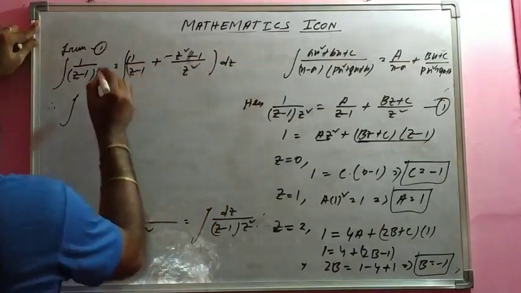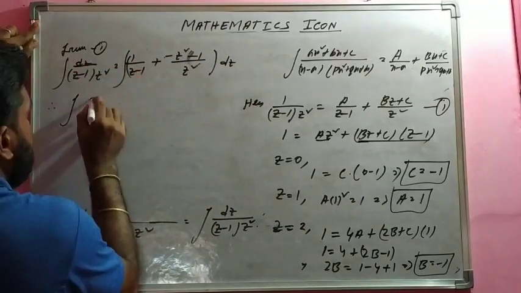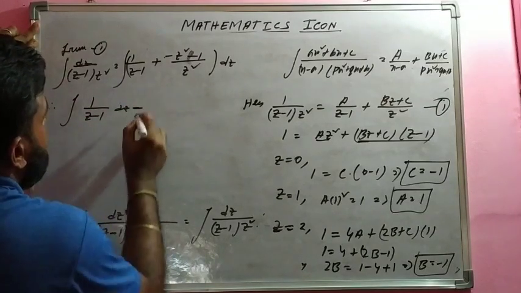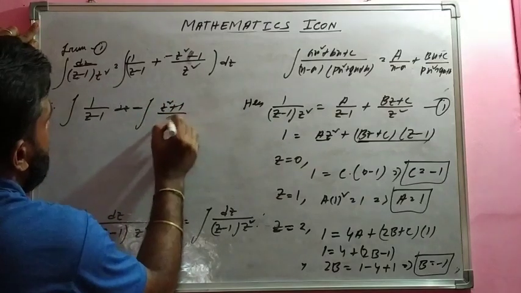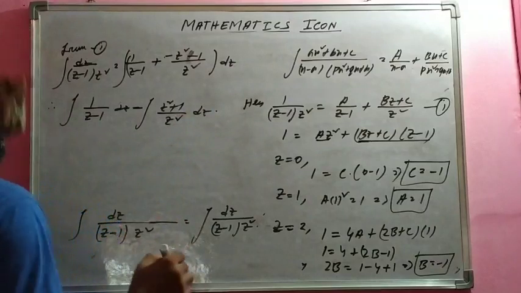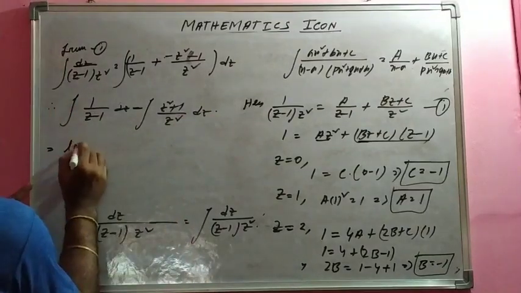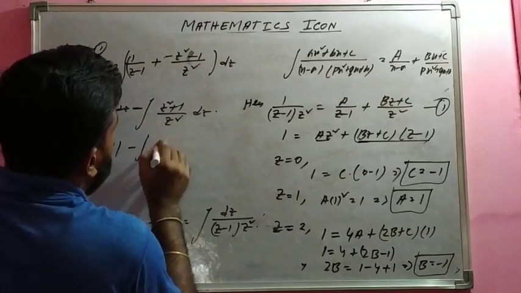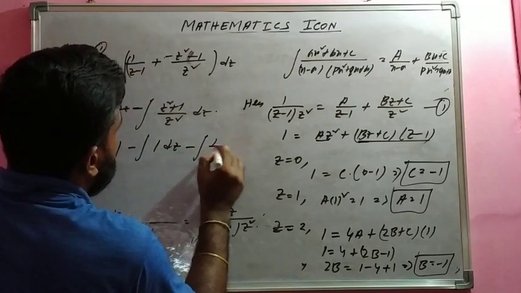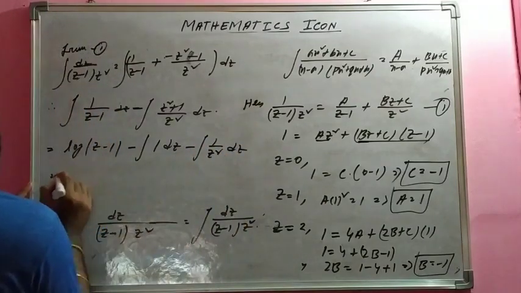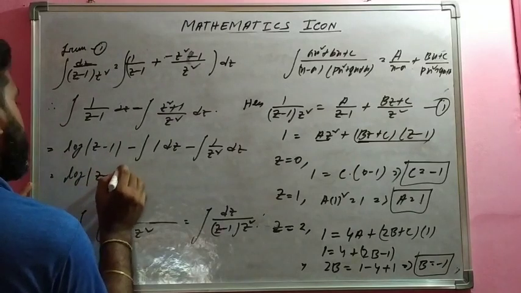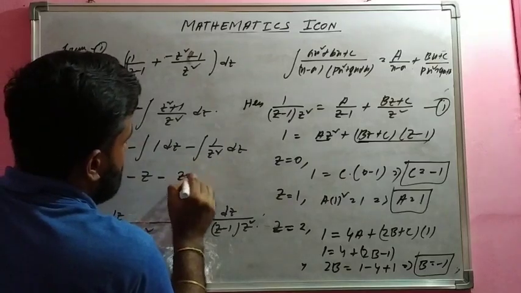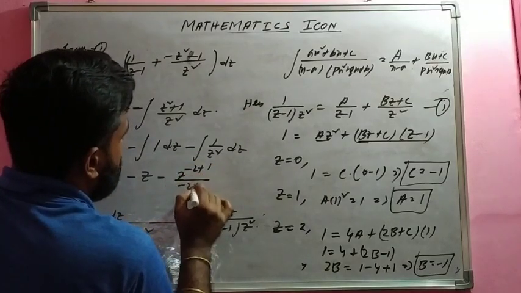देखो, ठीक है. सो इसका करना है अभी. इट मीन्स 1 बाई जेड माइनस 1 dz एक पार्ट होगा, और दूसरा पार्ट होगा यहां पर माइनस कॉमन लेने से जेड स्क्वायर प्लस 1 बाई जेड स्क्वायर dz. हो गया. सो ये हो जाएगा लॉग मॉड z माइनस 1, और इधर हो जाएगा, अगर मैं डिवाइड कर लूं, 1 dz माइनस 1 बाई जेड स्क्वायर dz, लॉग मॉड z माइनस 1 माइनस, z टू द पावर माइनस 2 प्लस 1 बाई माइनस 2 प्लस 1 प्लस c.